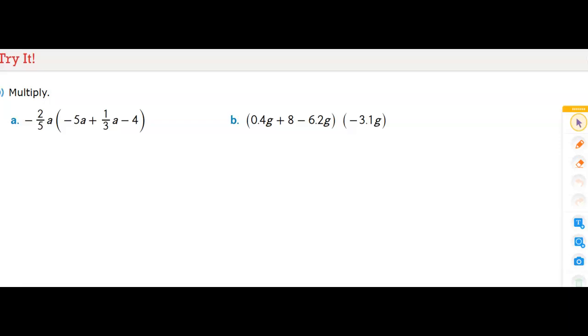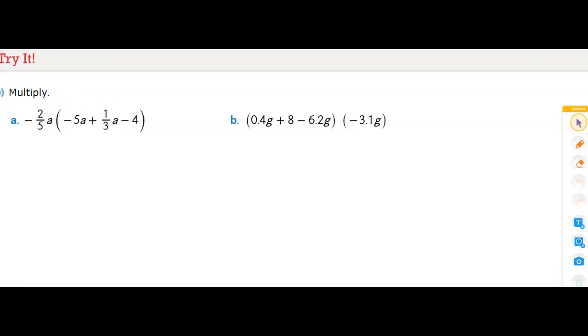We have these two here, the negative 5a and 1/3 a. Okay, so we're going to use distributive property. No, I said I didn't want to do that. We're going to combine like terms.